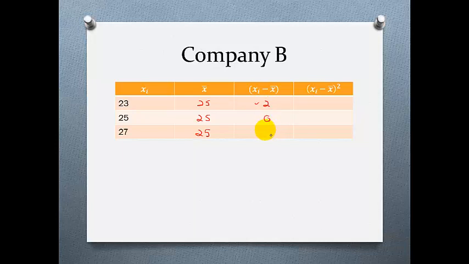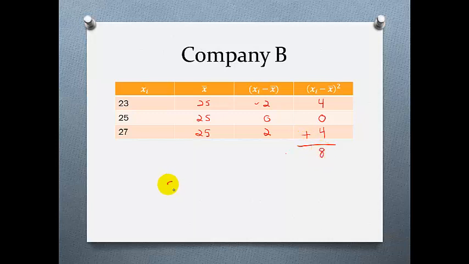And 27 minus 25 is 2. Now we square each of these data values. 2 squared is 4. Notice a negative times a negative is a positive, so it should always be positive over here. 0 squared is 0, and 2 squared is 4. Add those all up to get 8.